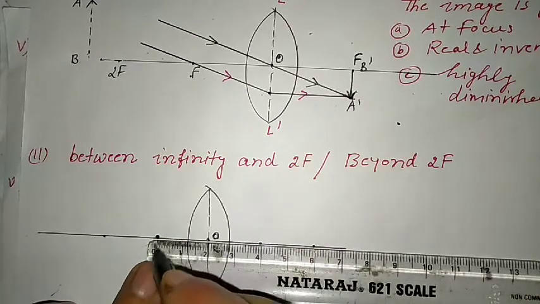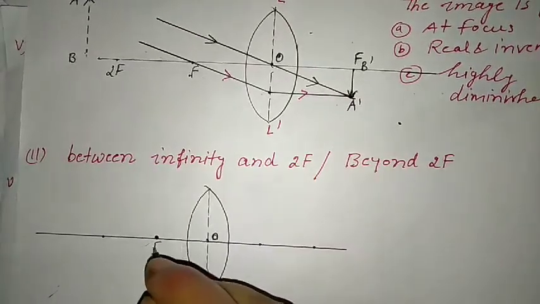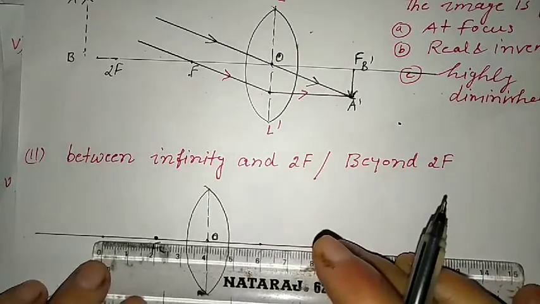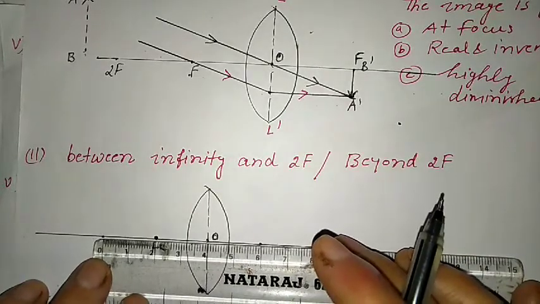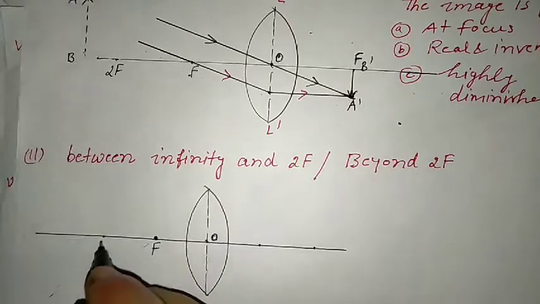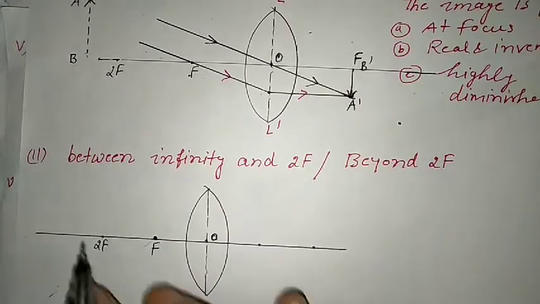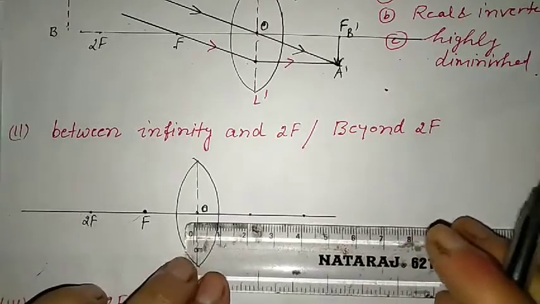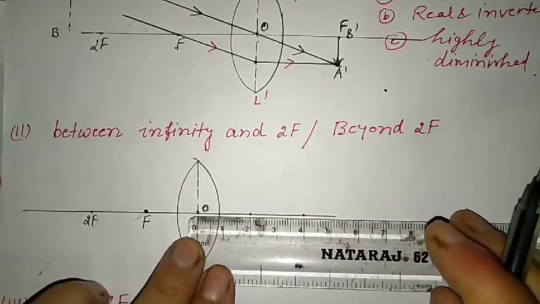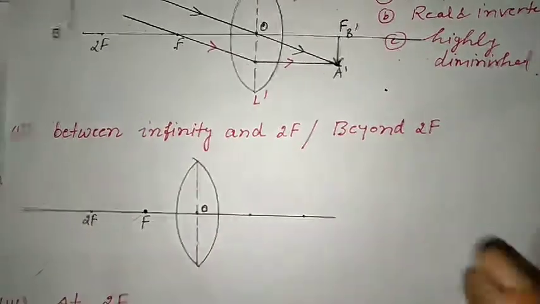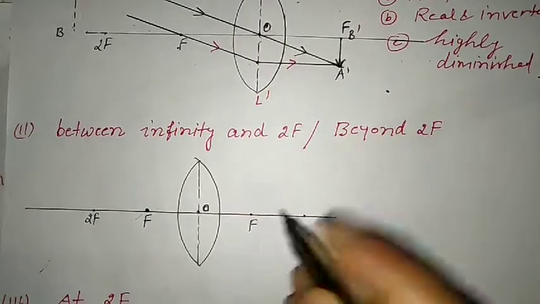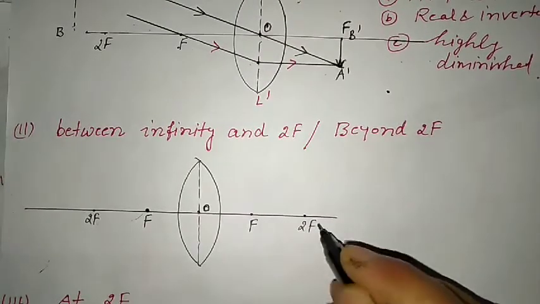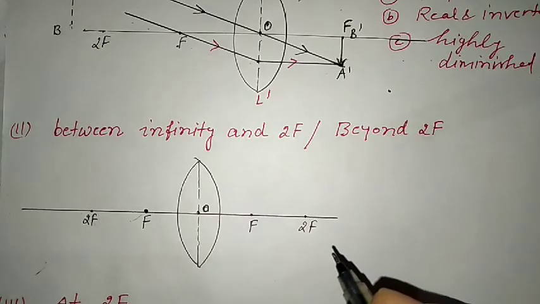Suppose this is F on one side, and the double distance, 2 centimeter from the focus, is 2F. It is not the center of curvature, it is 2F, but we call this the center of curvature. On the other side also, this is 2 and this one is also 2. So this is the other side F and 2F, or we can write F dash and 2F dash, or F1, F2.